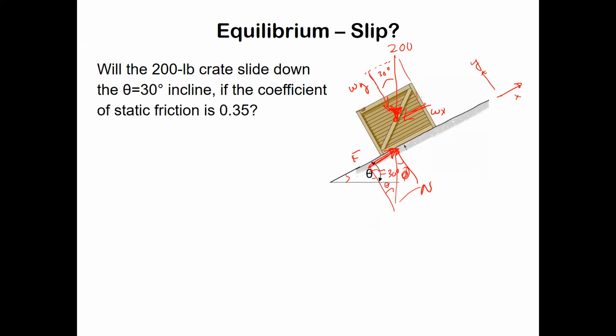Oops, theta, not phi. So the sum of the Fy's equals 0, and that's going to be, in this case, N, right? And minus Wy, the y component of that weight.